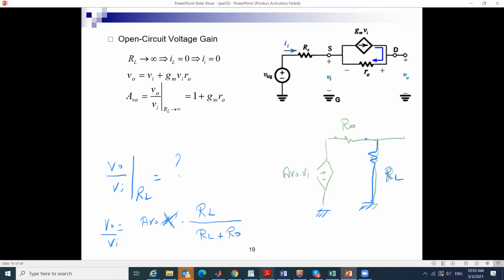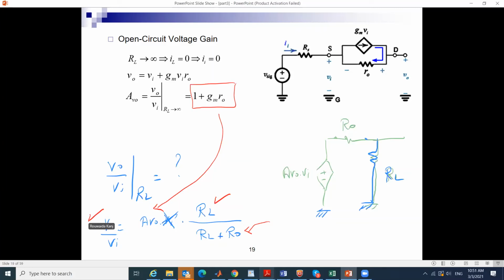I know what my AVO is, so I can plug it here. And I have already derived the RO for this circuit, right? So if I have RL, I can find the gain.